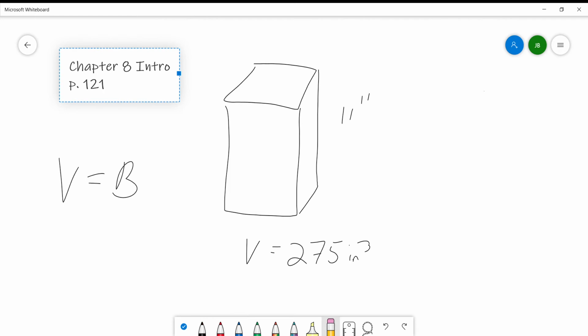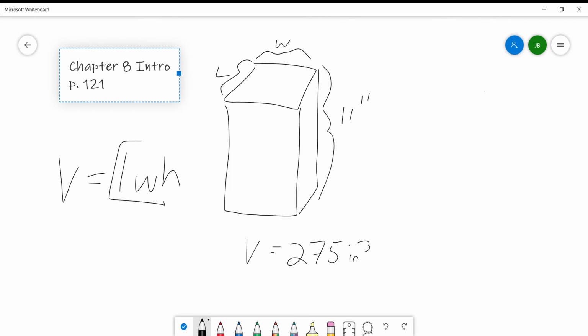Yes, it's the base times the height, but it's really three dimensions. It's the length times the width times the height. So they use base. They combine these two into just capital B for base. Feel free to do that.